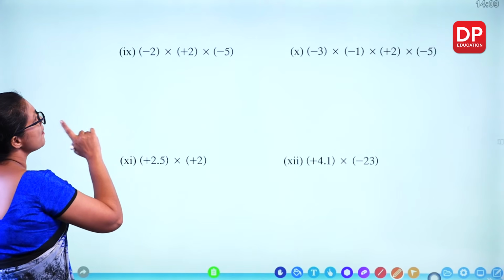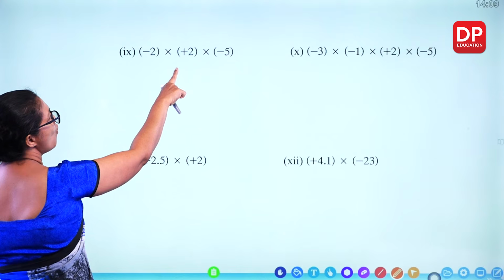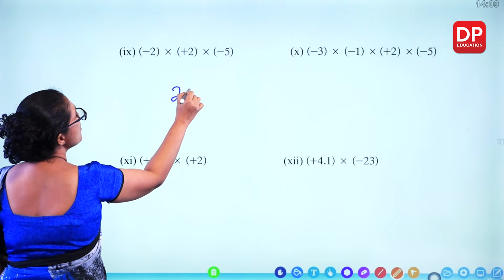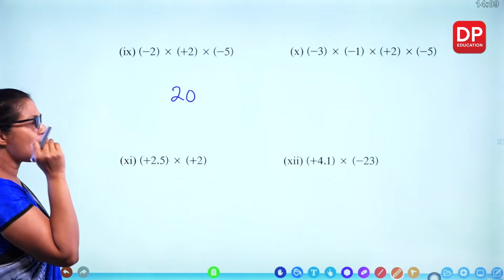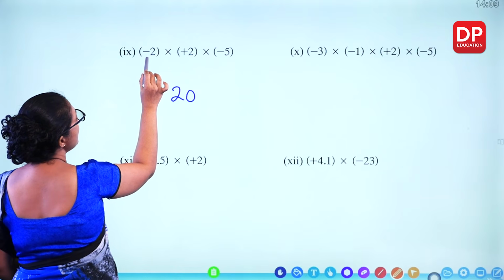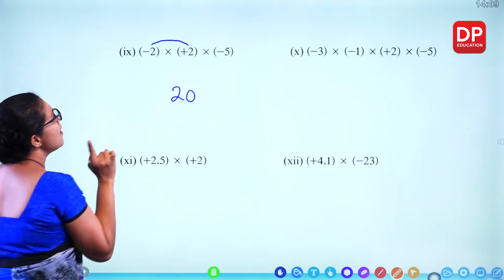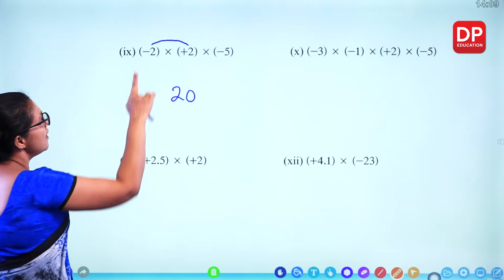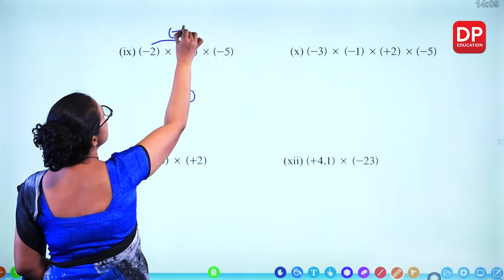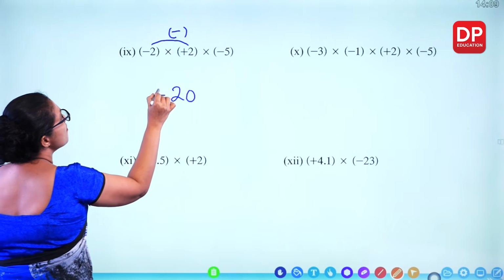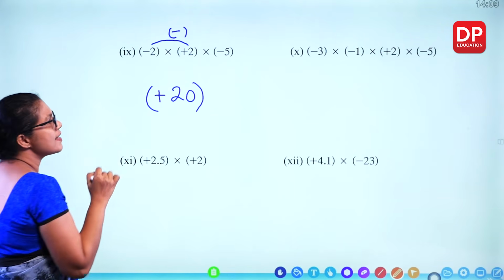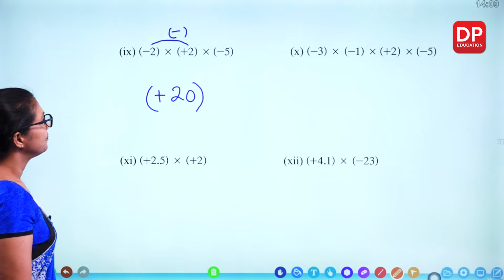Here we'll multiply first. 2 times 2, 4. 4 times 5, 20. Now we'll decide the sign. 1 is negative, 1 is positive. Answer is negative. That negative and this negative, both negative means the answer is plus.